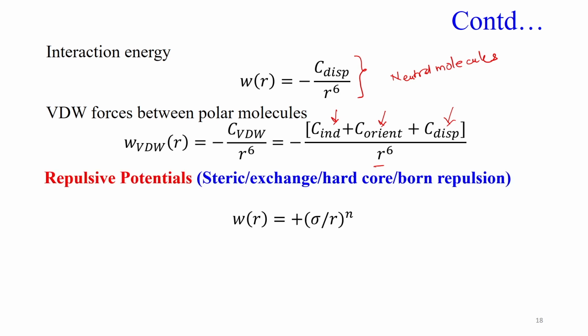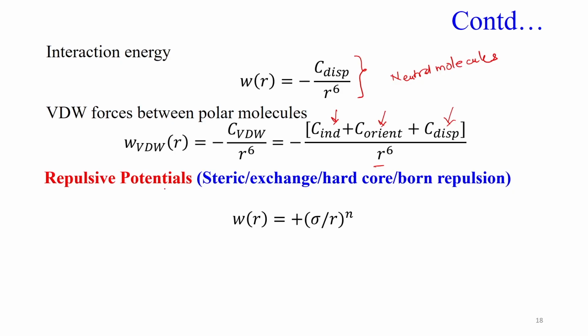This force may be mostly attractive in nature, but if you remember from the last class, apart from the attraction there is always a repulsive force. That is why it balances. If molecules come very close there will be repulsion, if they go far away there will be attraction. That is why the system lives in equilibrium.